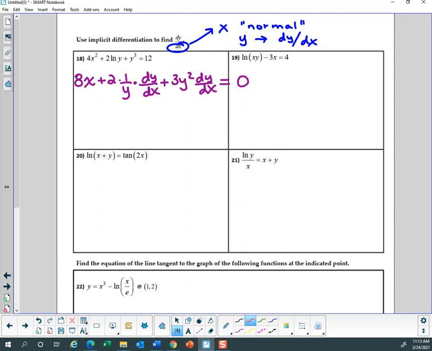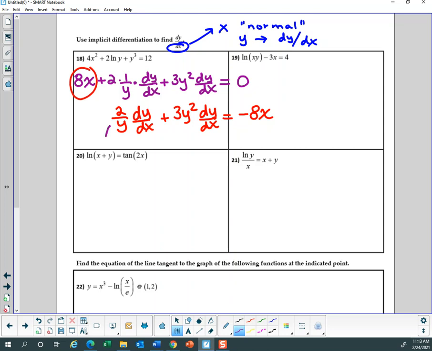Okay, I'd say, what are we going to do now? And you'd say, well, we're going to get the dy dx's all on one side, and everybody else goes to the other side. So in this case, the only other guy is 8x. So 2 over y dy dx plus 3y squared dy dx equals negative 8x.